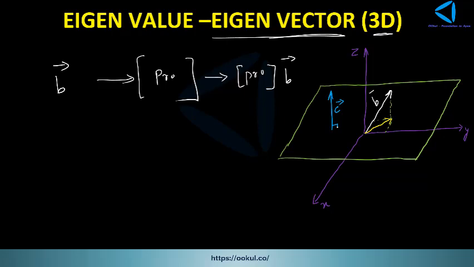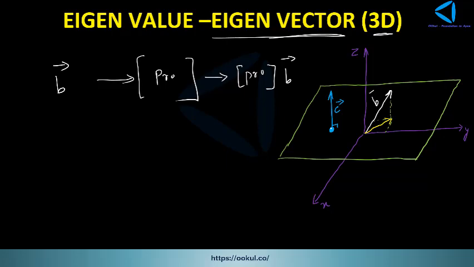Now this vector, if you project it on the plane, will come as a point. It will come as a point. So in that case, it becomes like the 2D case when the matrix was 0 0 0, right? So here are the two cases, b and c.